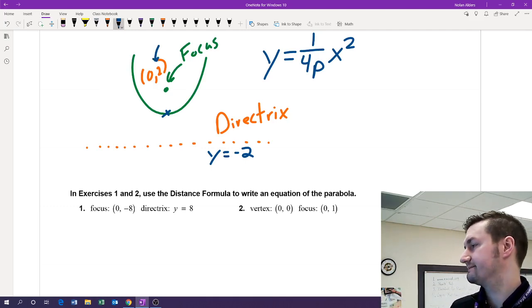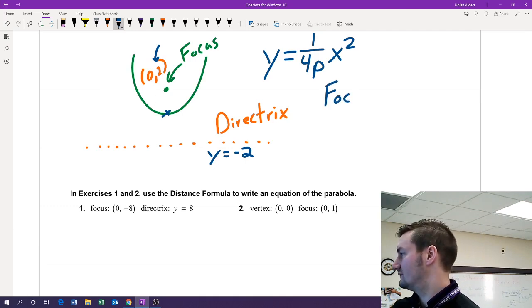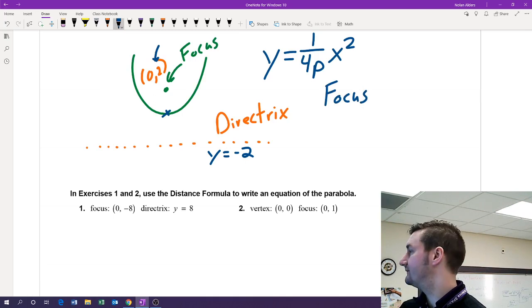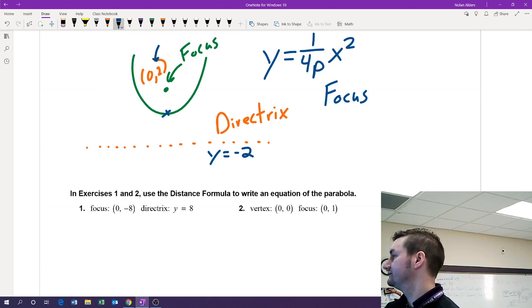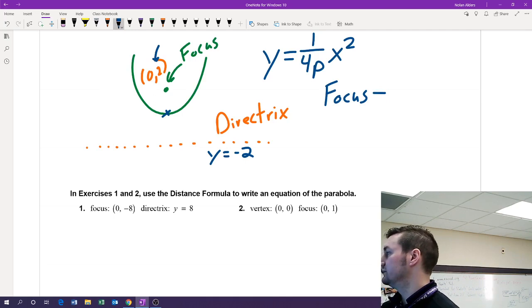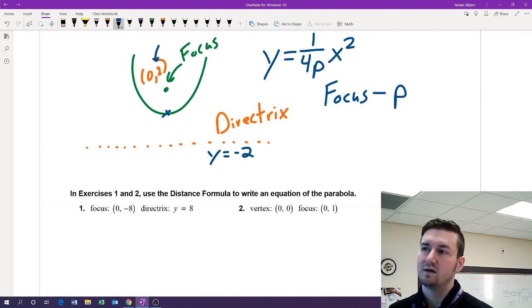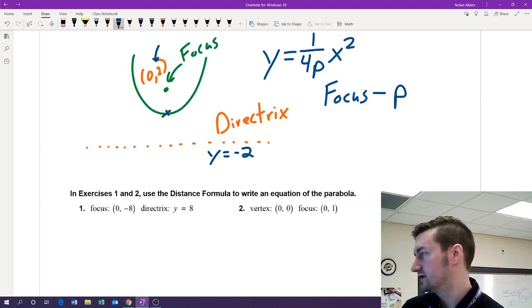So we could say the focus is at the point (0, 2), or (0, p). Or we could say that the focus is a distance of p from the vertex.